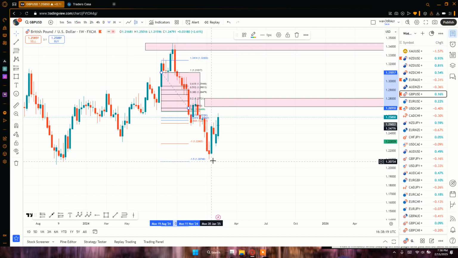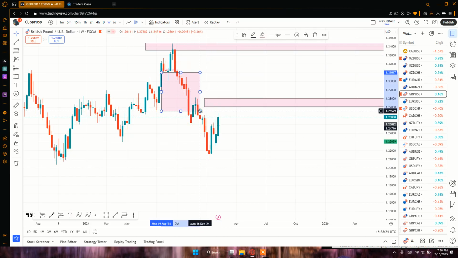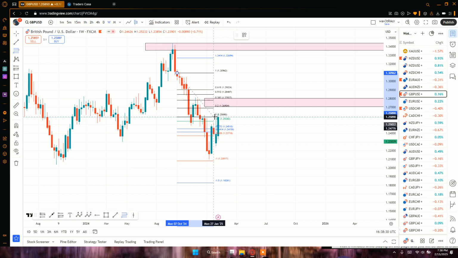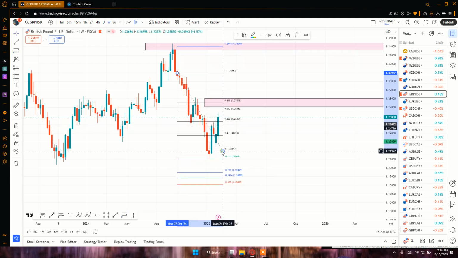So this means that we had to expect take profit levels between 38% retracement, 50% retracement, or 61.80% retracement.